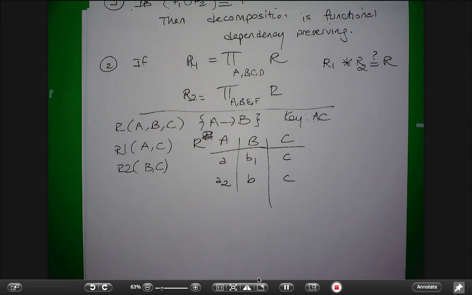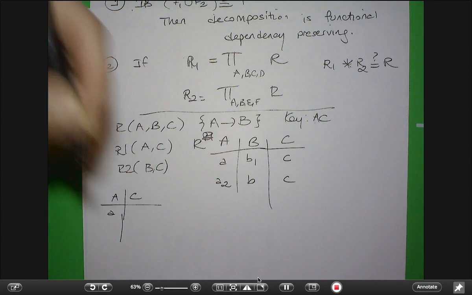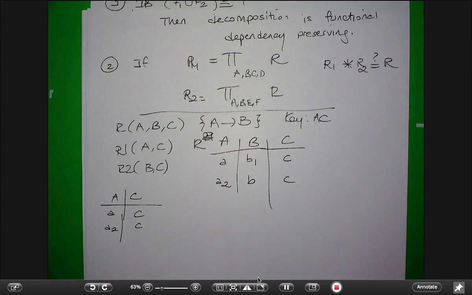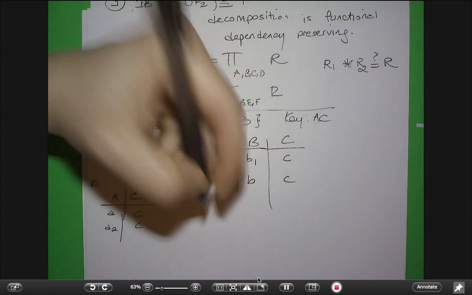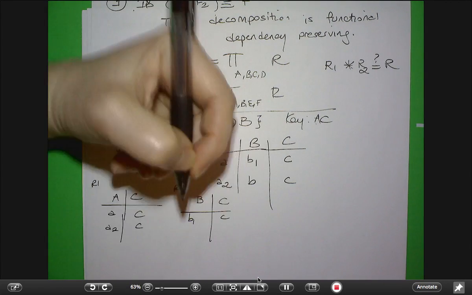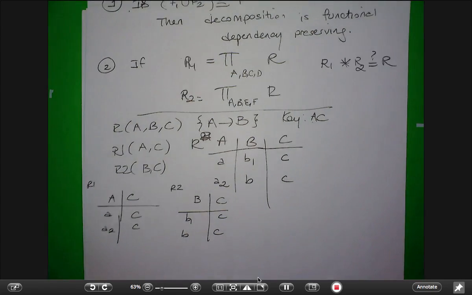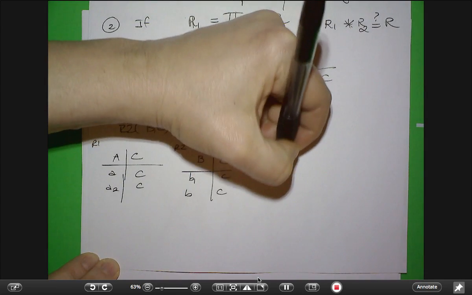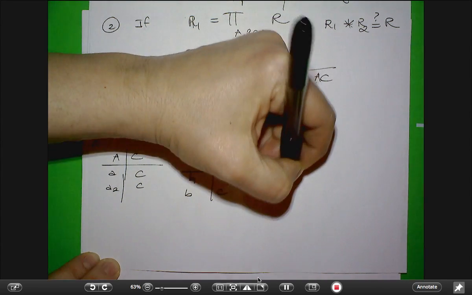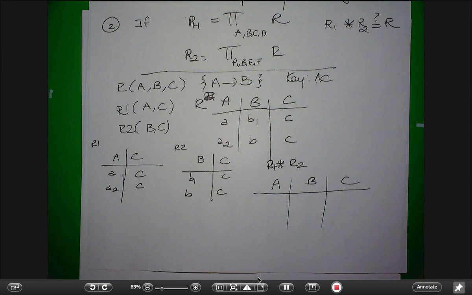So if I were to decompose like you want, if that's really what you want, I will get A1C and A2C. This is R1. And R2 I will get B1C and BC. Okay. So now, if I were to do the Cartesian product, the natural join, I will get a relation with A, B, and C, but my join is on which attribute?